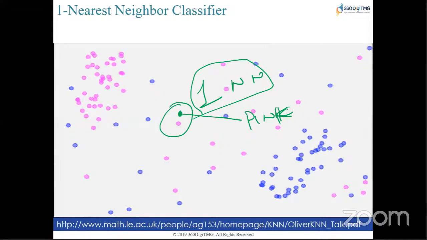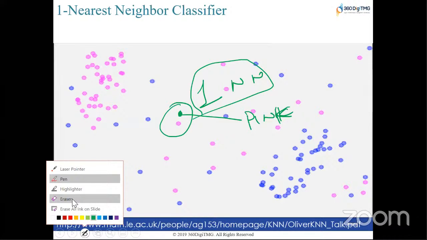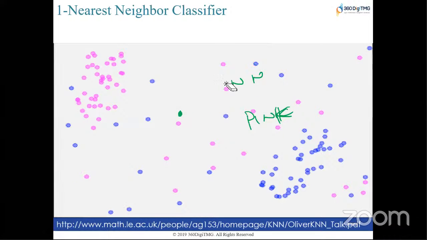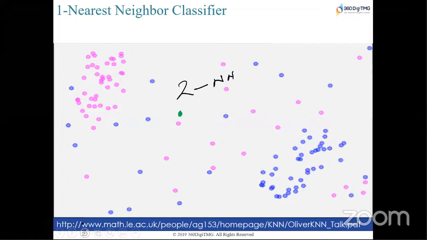All right, thank you. Now, this same dot, I don't go by the one nearest neighbor. Why only one? I go by the two nearest neighbors. So who are the two people who are close to this particular data point?